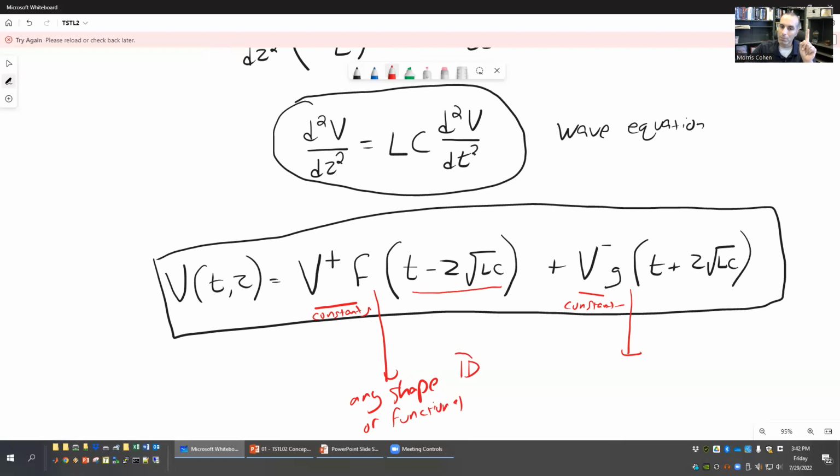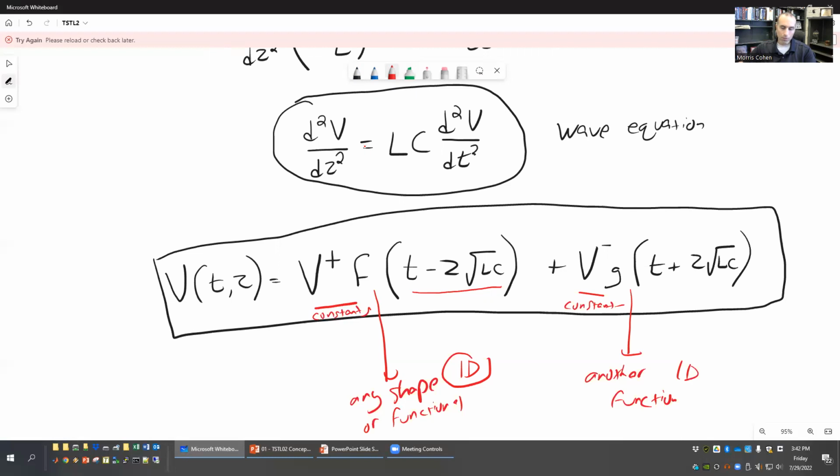So f is a one-dimensional function, and g is just another one-dimensional function. Again, it could be anything you want it to be: a sine wave, a square wave, an impulse, any one-dimensional function that you can come up with.